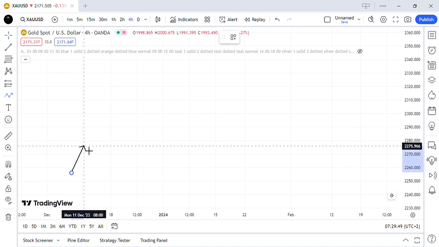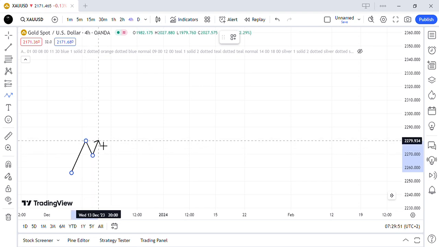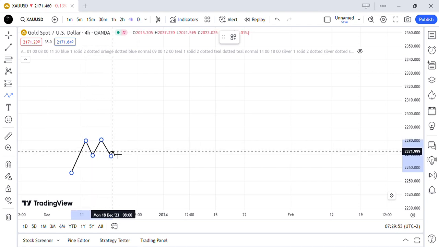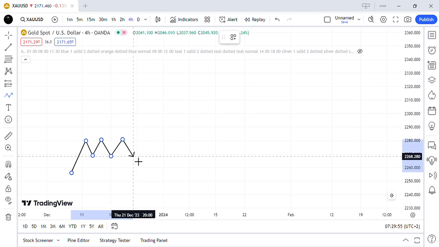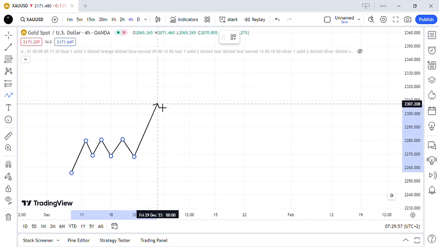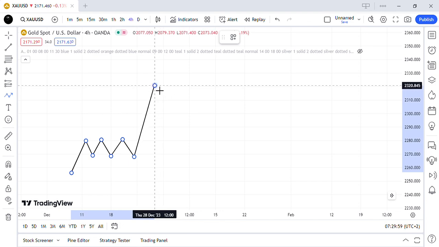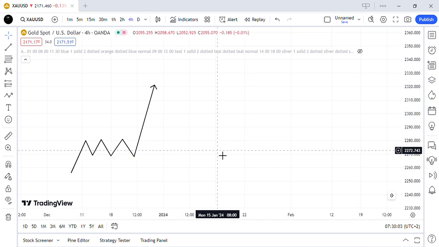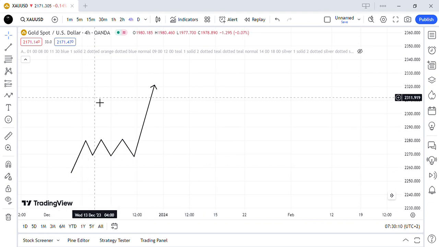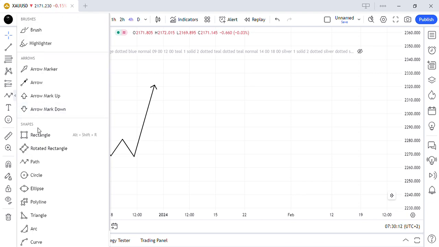Maybe the market goes like this, then what do you do? Yes, it's a bullish trend to the upside. This is a consolidation.